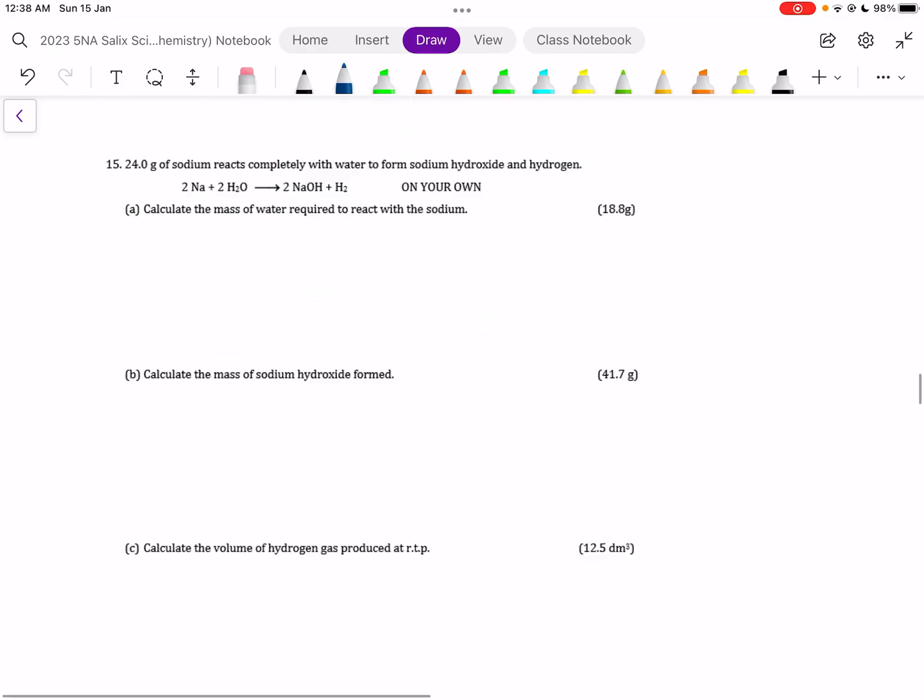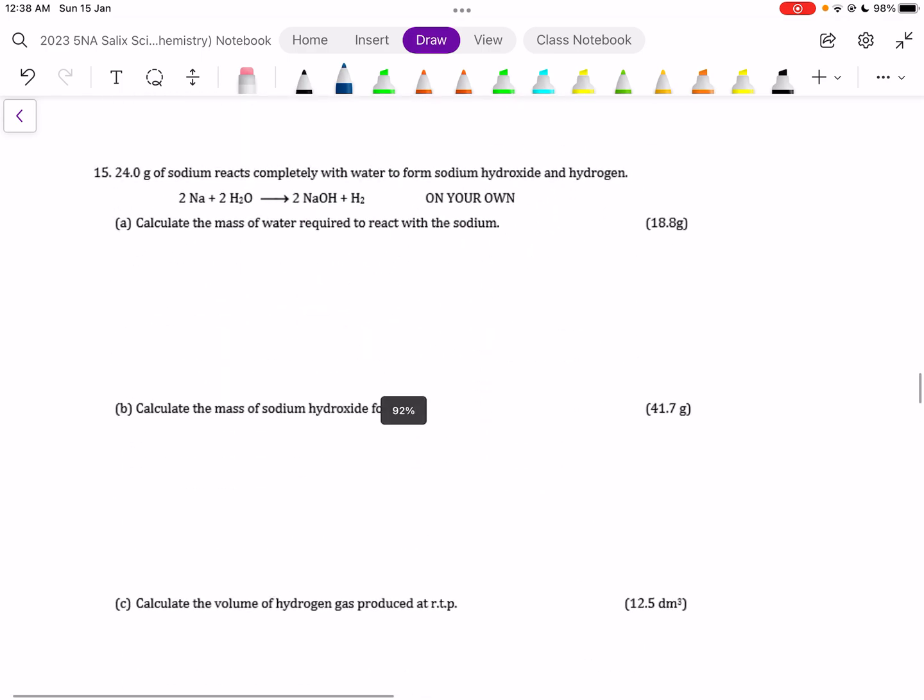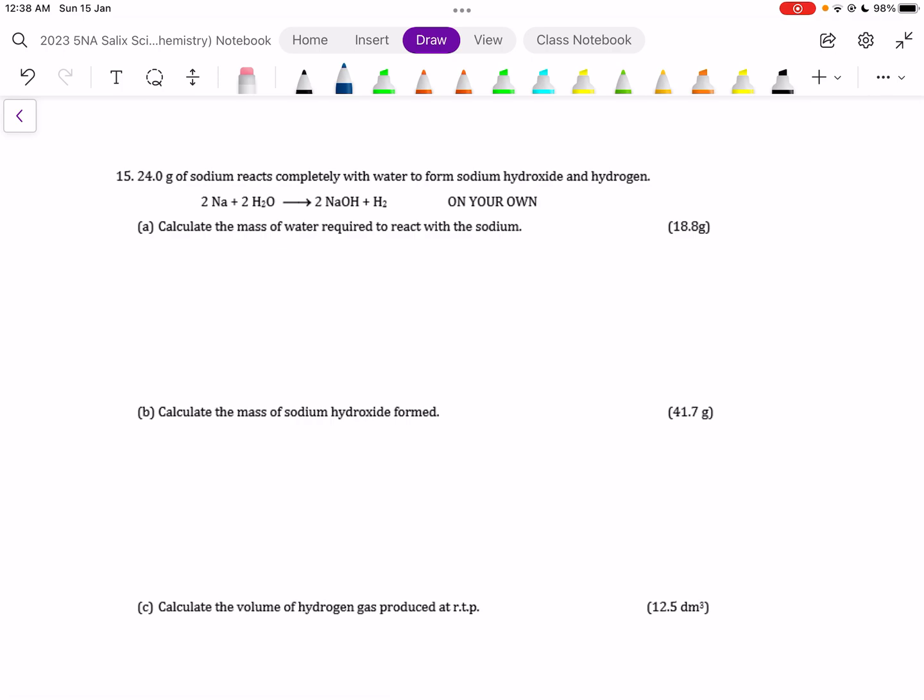Then we go to question 15. 24 grams of sodium reacts completely with water to form sodium hydroxide and hydrogen. You can try to practice on your own first before you listen to this video. So I have 24 grams of this.